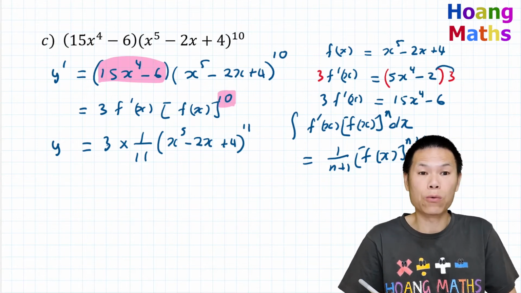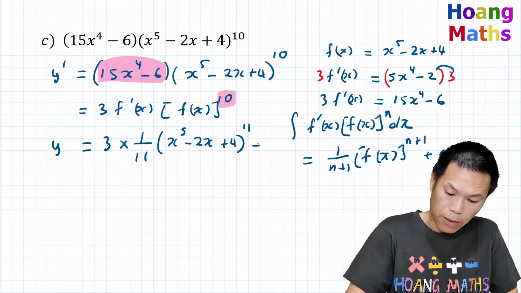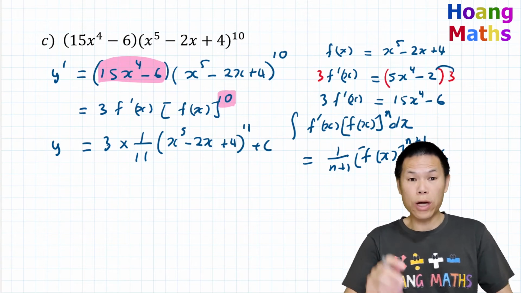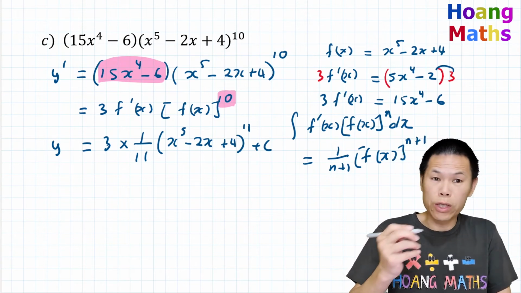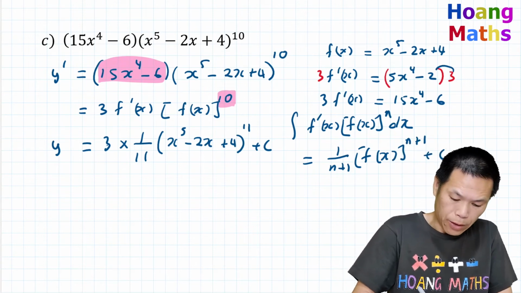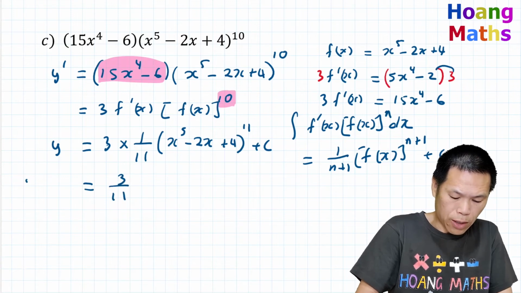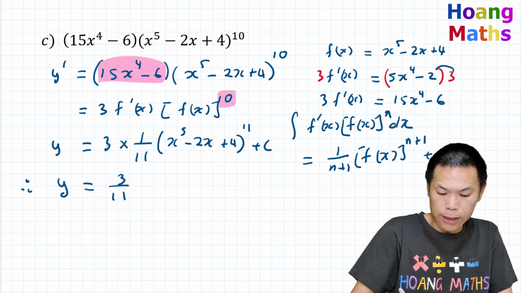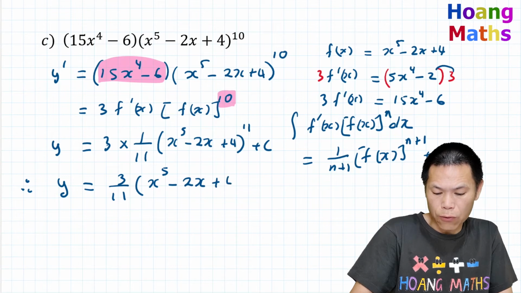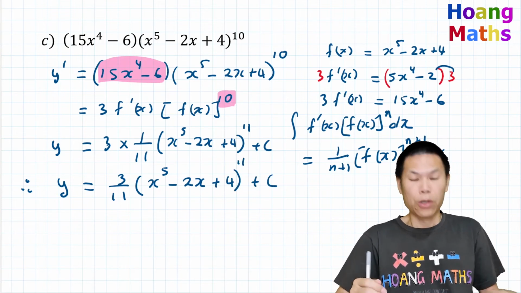And don't forget, we need to add a constant, so plus a c. So now what I do, I just tidy this up. So 3 times 1 over 11 is equal to 3 over 11. So let me write, therefore, y is this: 3/11 times (x^5 - 2x + 4)^11 plus a constant. So there you go.